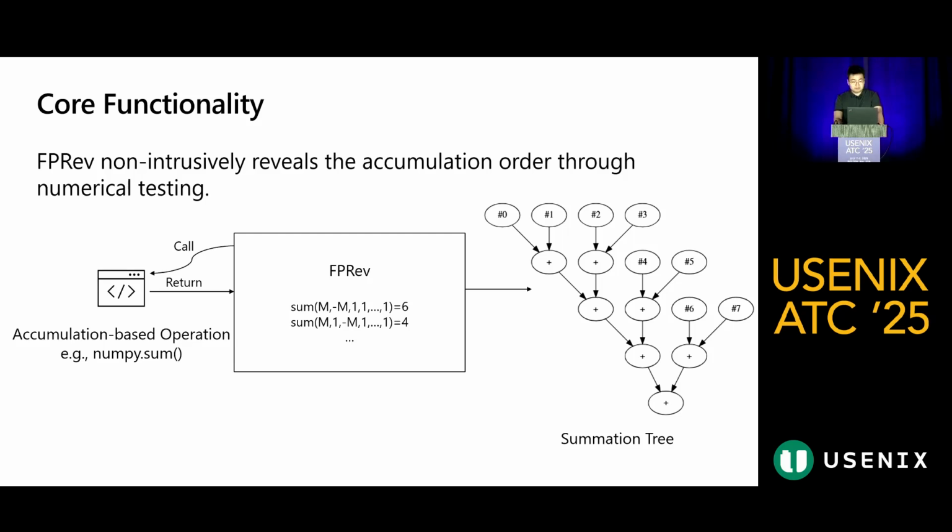On the right side is a summation tree for this operator. Our algorithm can determine the accumulation order from the numerical results of the tested implementation for specially designed testing inputs. We use an inductive approach to do the testing and construct all the accumulation orders.